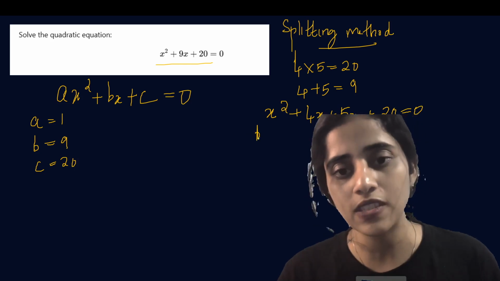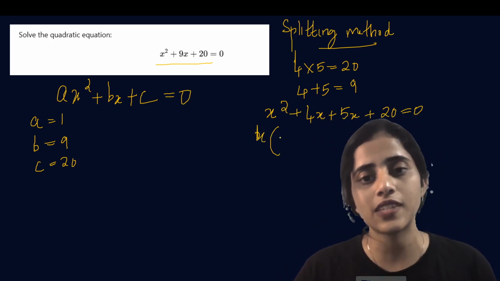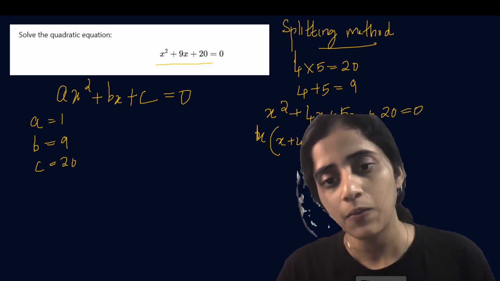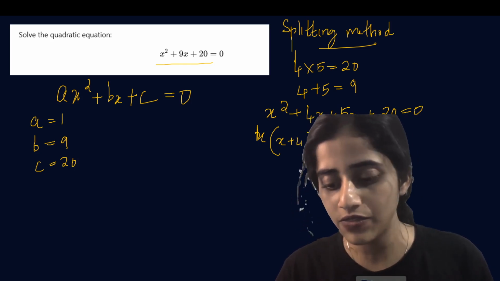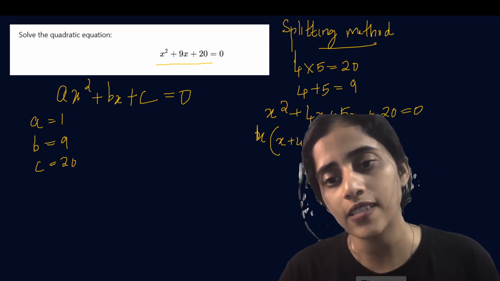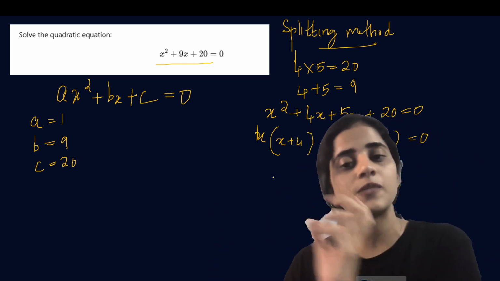Now you take the common term. x is common for x square plus 4x. x you take outside. What remains? x plus 4. 5 is common in 5x plus 20, leaving x plus 4. Now we have two common terms, x plus 4, x plus 4.